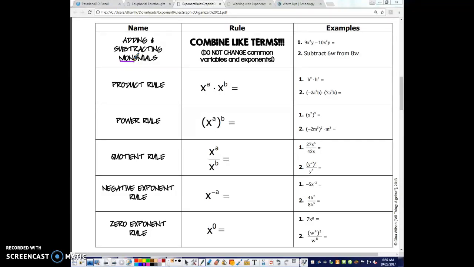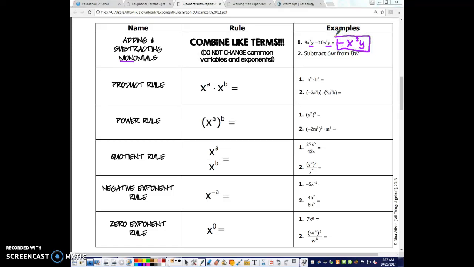Okay, so right here, 9x squared y minus 10x squared y. X squared y is their last name. Since they're the same in both, you're just going to combine them. 9 minus 10 is a negative 1. We don't have to write the 1. X squared y. So it'd be negative x squared y.